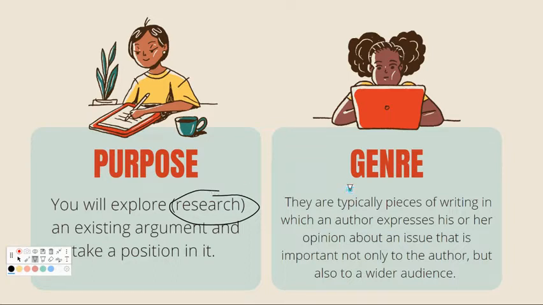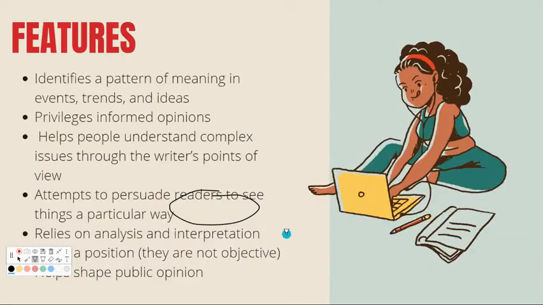Usually, these are typically pieces of writing in which an author expresses his or her opinion about an issue that is important not only to the author, but also to a wider audience. Generally, we have commentaries as an example of a particular argumentative text, but in the academe, we have research papers as very good examples for argumentative texts.